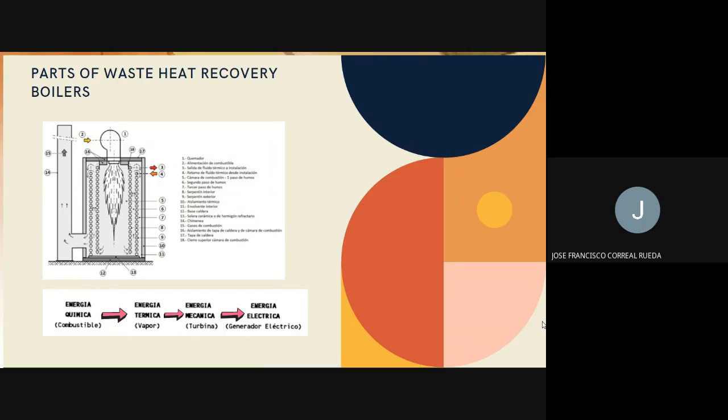The saturated steam, in contact with water, leaves the steam dome towards the superheater, where it increases the temperature above its saturation temperature and leaves the boiler toward the process and or is used in a turbine which rotates and produces electricity. This depends on which industry you use it in.